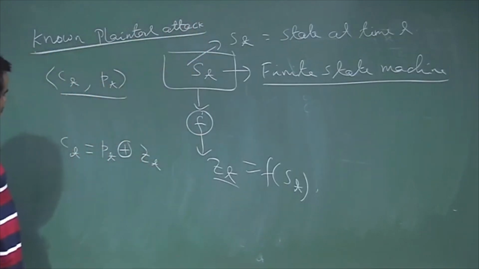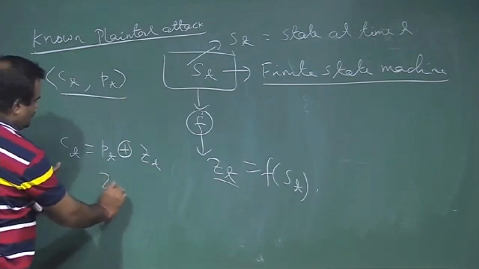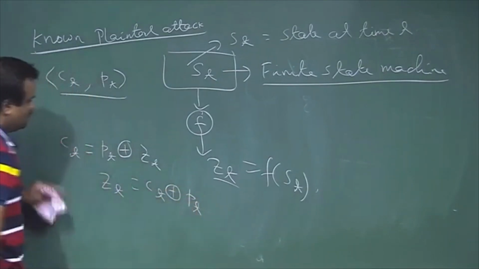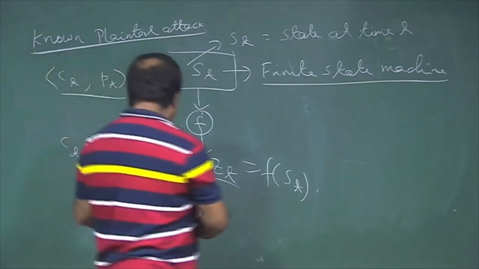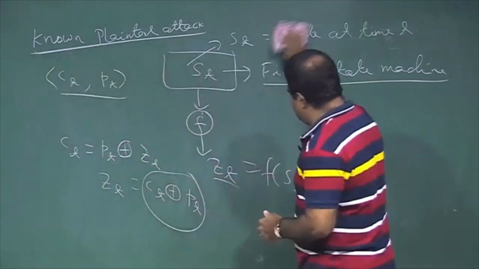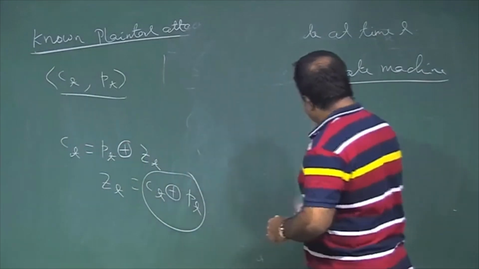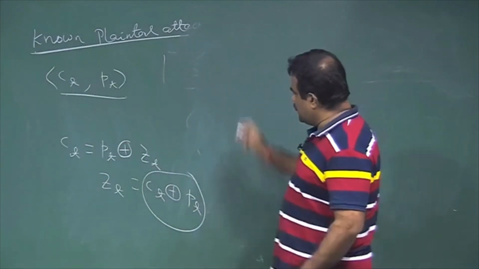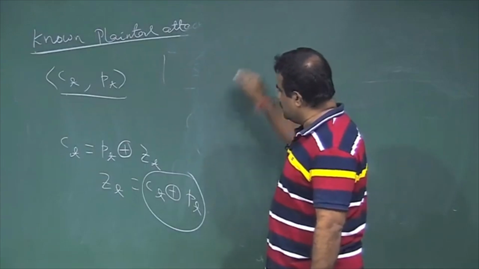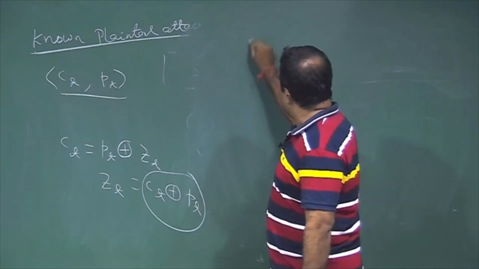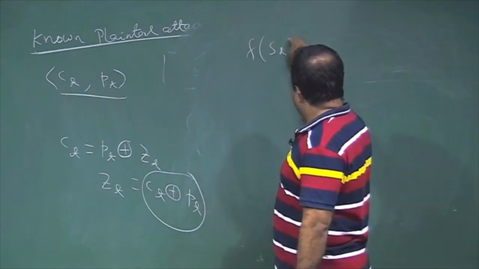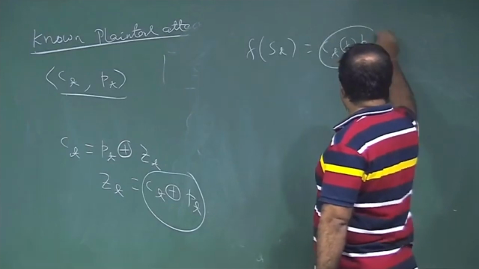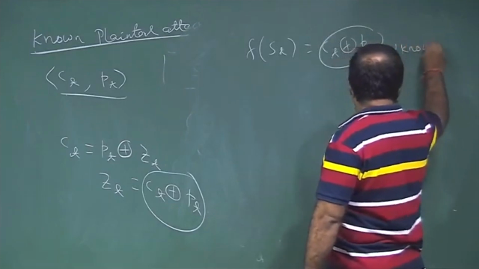Then zt is basically ct XOR pt. So we know zt, which is f of xt, is equal to ct XOR pt. Now this value is known for some t.